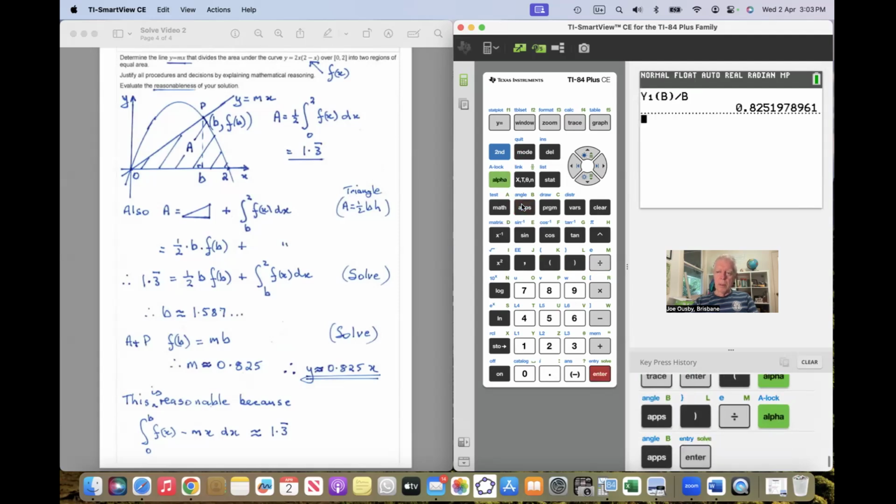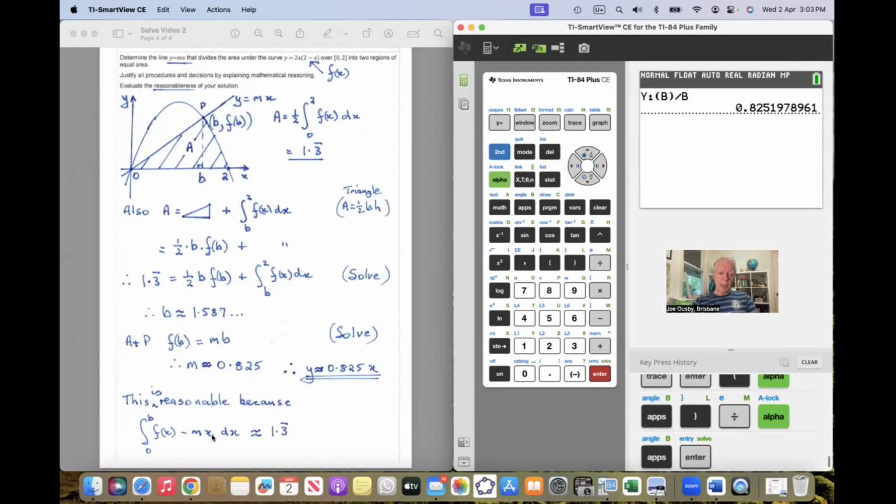And comes back and says, okay, the value of M is 0.825. So that was the answer to the question. So the question was asking for the equation y equals 0.825x. Now, this again was reasonable.